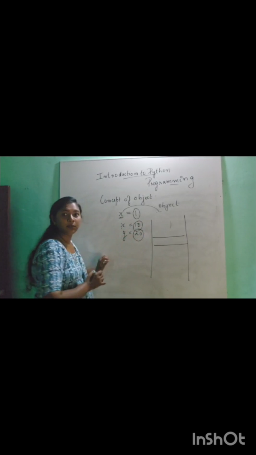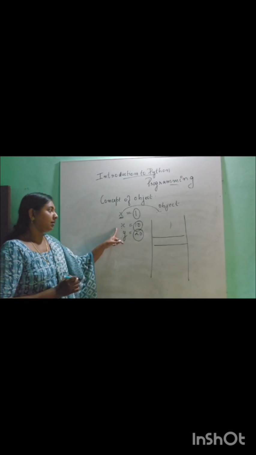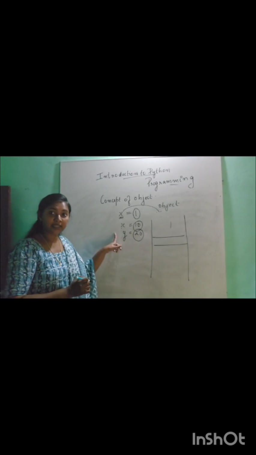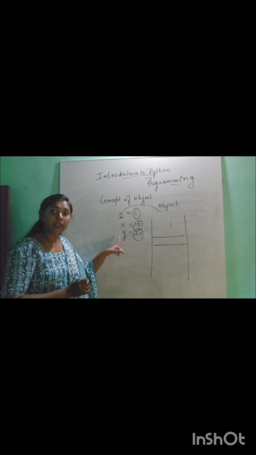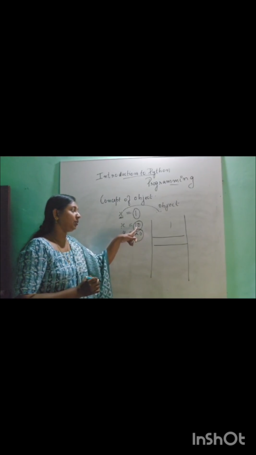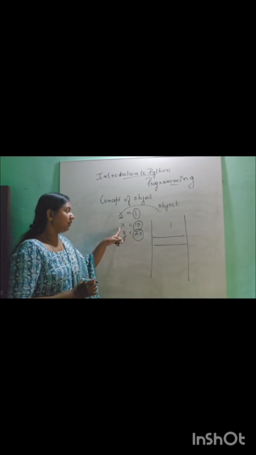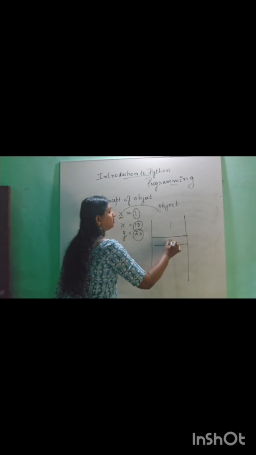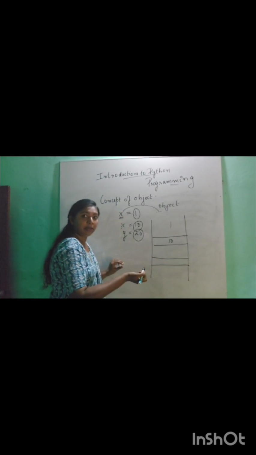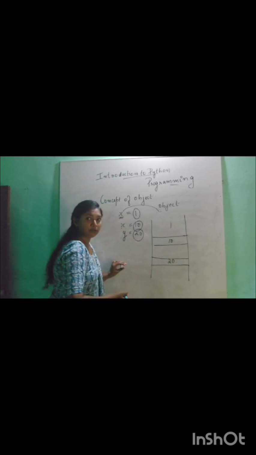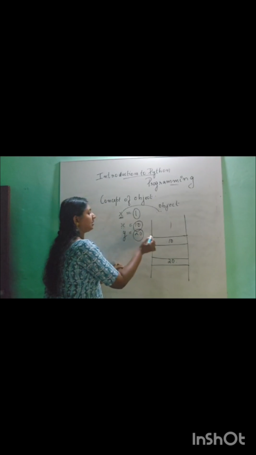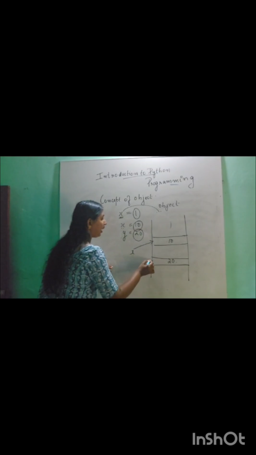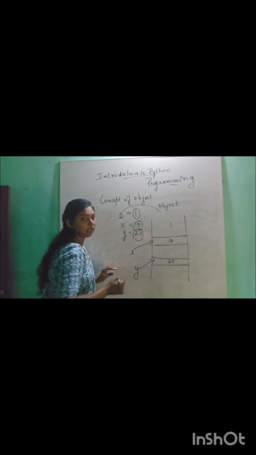These are the names given to those data parts. What do we call these names? We call them identifiers. Identifiers are unique names given to variables or functions. So in order to identify the two data values, 10 and 20, we give two unique names, x and y. 10 is stored in one memory location, and in some other location the value 20 is also stored. So x points to the location where 10 is stored, and y points to the location where 20 is stored.